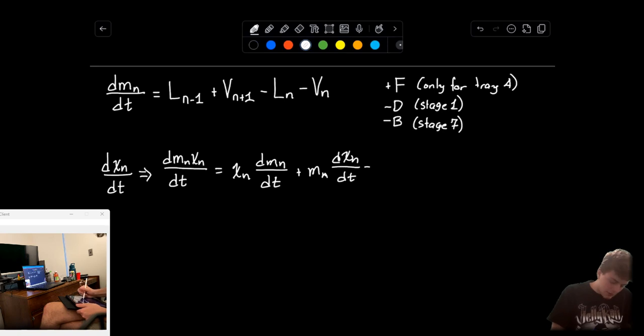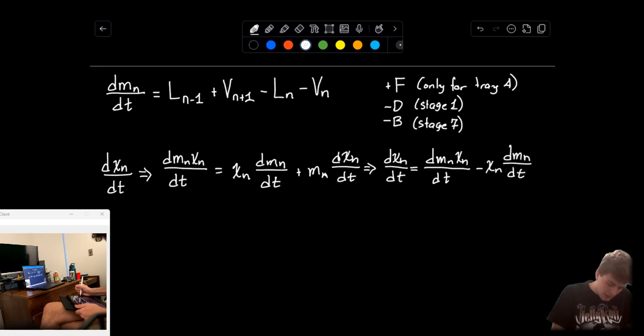So that implies that dx_n/dt equals d(m_n x_n)/dt minus x_n dm_n/dt, all multiplied by 1 over m_n, right?